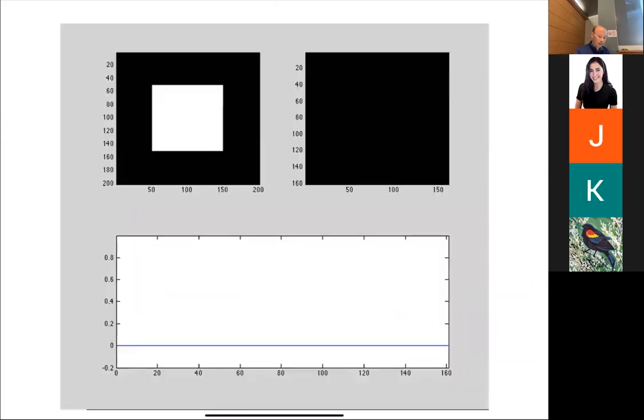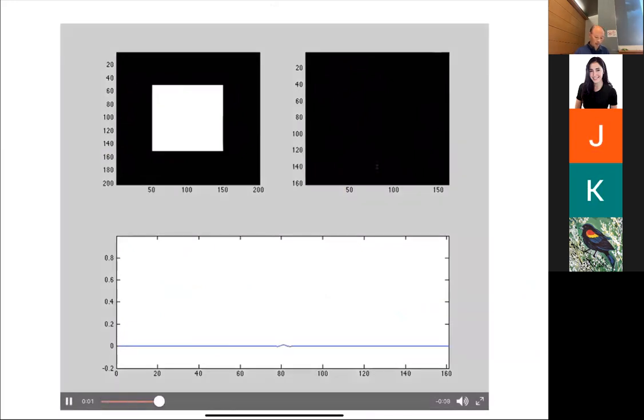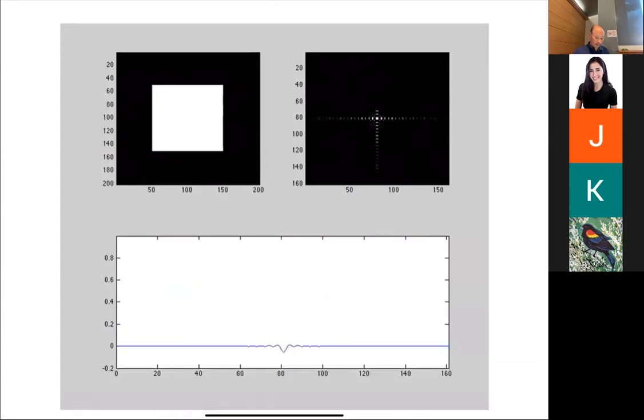Well, this is my object, and this time series is going to show you line by line what the MR signal would look like if that was my object. And then we're going to just take every line here and stack it into this, okay? So let's play the movie. You can sort of see little bumps there on the line. And then at some point it gets big and then it goes back down.